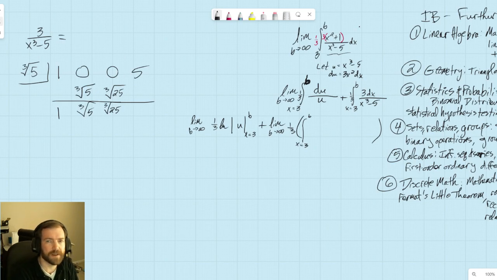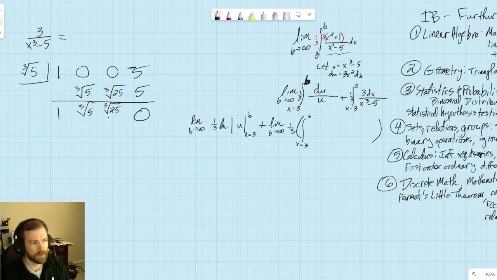Yeah, somebody had thrown out improper integrals as a possibility. That's a negative. All right, and then cube root of 25 times the cube root of 5 is just going to be 5, so 0. Yep, I agree.